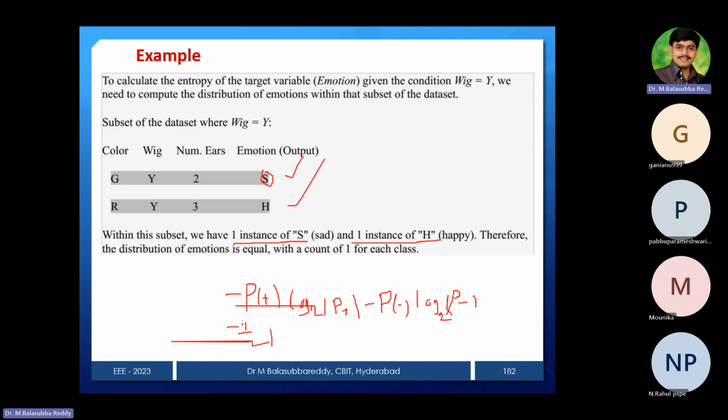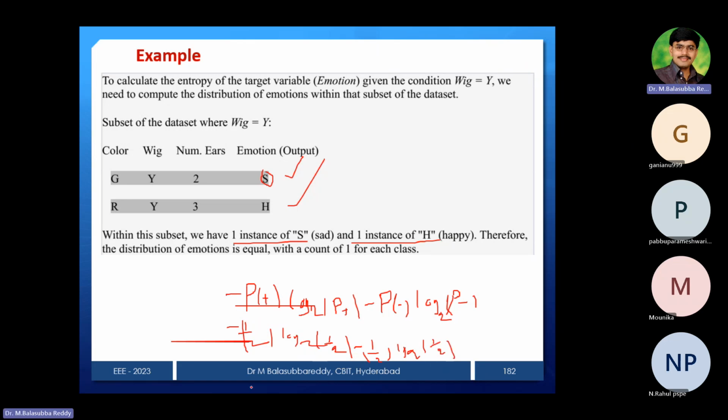The positive class, let it be happy is the positive class, 1 by 2 and log 2 of 1 by 2. This is the entropy formula, minus this, also the negative class is 1 by 2, then log 2 of the negative class 1 by 2.